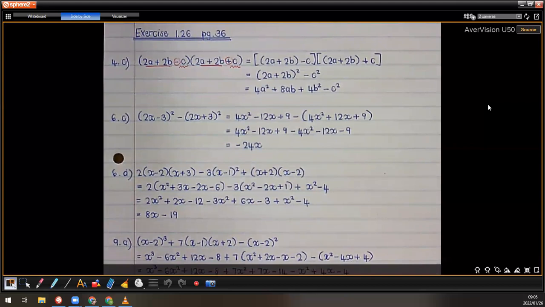Yeah, see, I did it as a difference of 2 squares. That's when you factorize it. See, in this question, where they're not saying you have to simplify, I think. Let me double check that, because if you were asked to factorize that, it would be a difference of 2 squares.